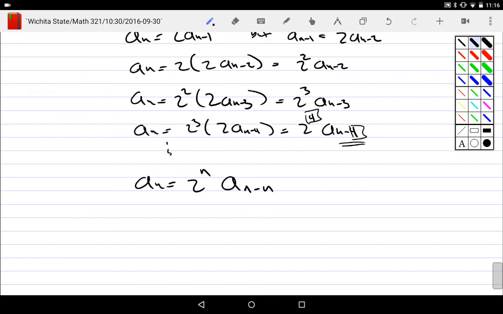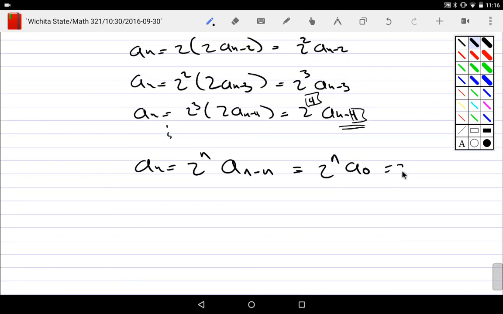Everybody see the pattern? That was n minus 3, n minus 4. The most I can take away is n, so that is equal to 2 to the n times a0. But in my original problem, what was a0? What was the basis? 1. That's equal to 2 to the nth times 1, which is equal to 2 to the nth. So a sub n is equal to 2 to the nth.